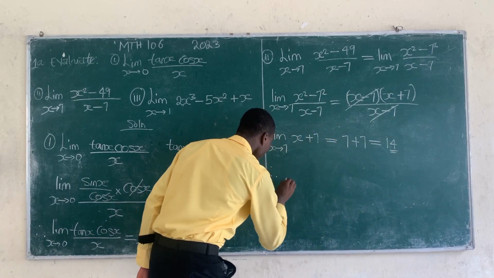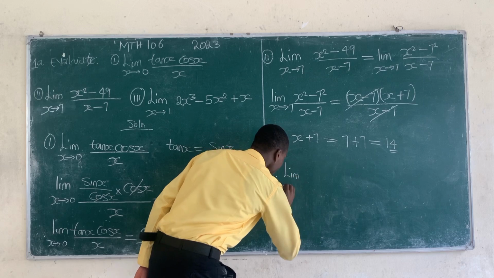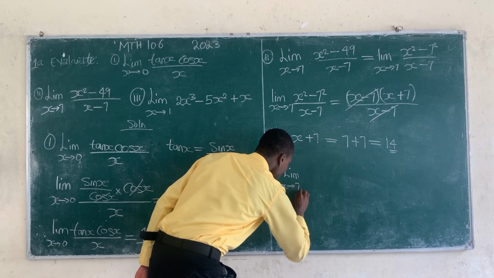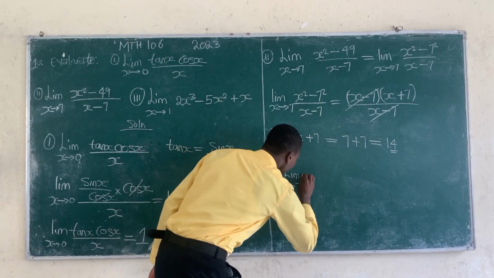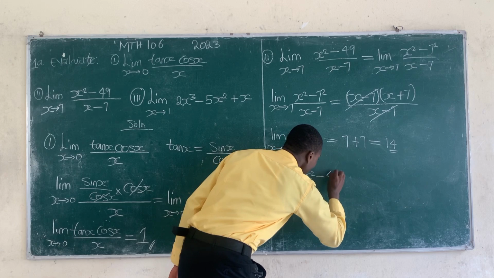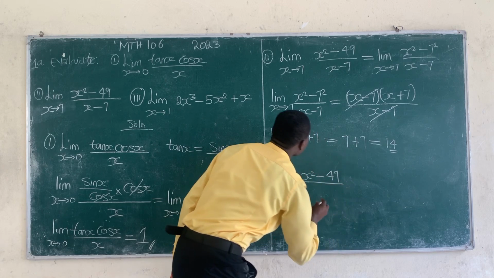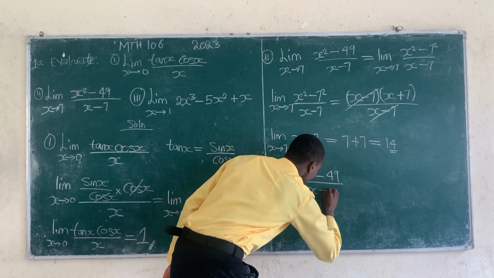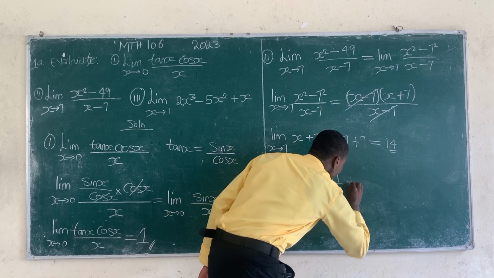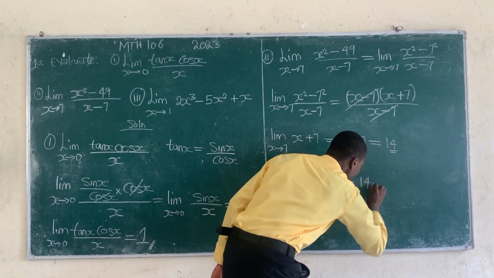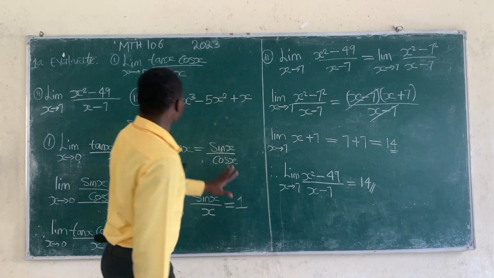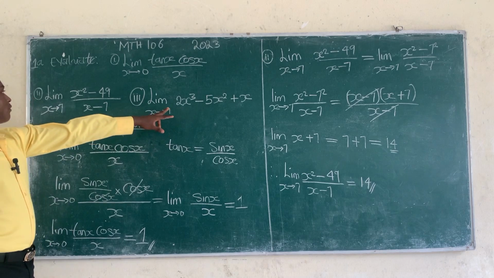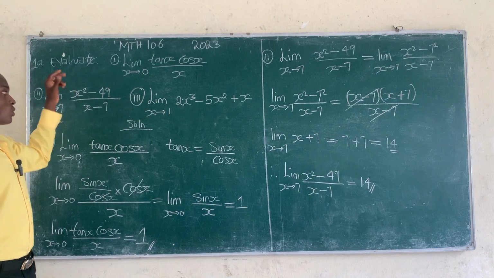So therefore, the limit as x approaches 7 of the given question, x squared minus 49 over x minus 7, is equal to 14.